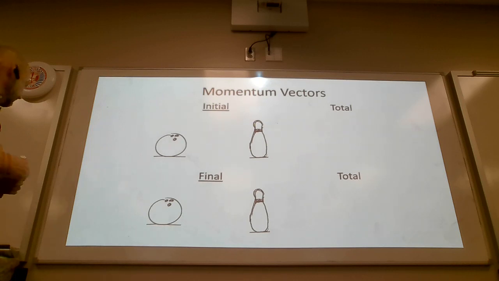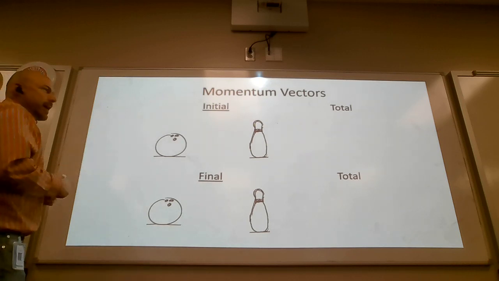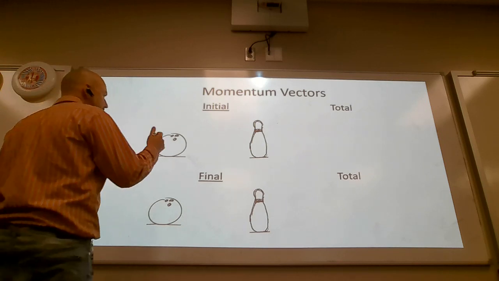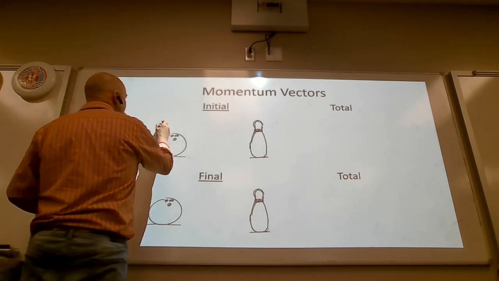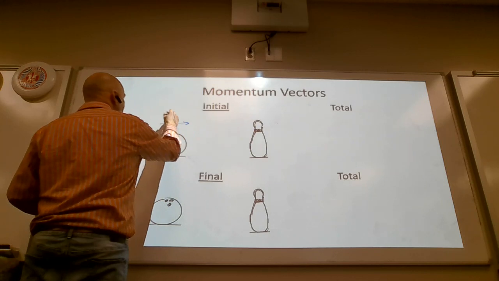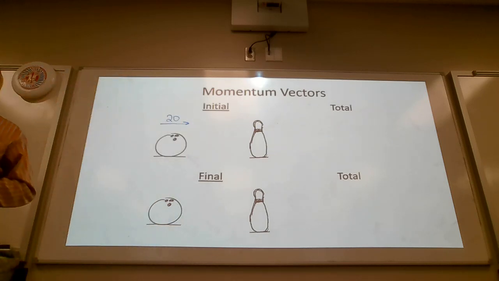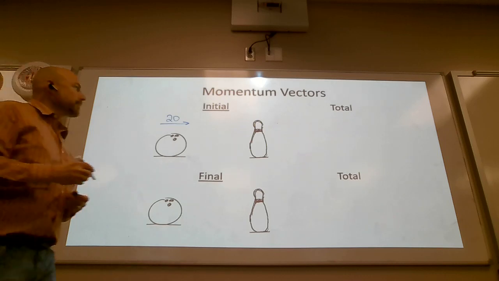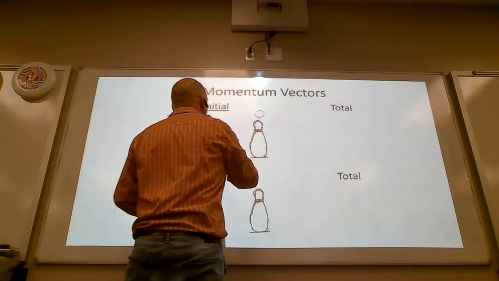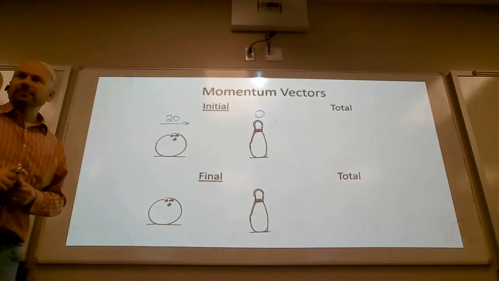So I'm just going to demonstrate how this works with this example. The ball had 20 kilogram meters per second to the right initially. The pin had no momentum initially.